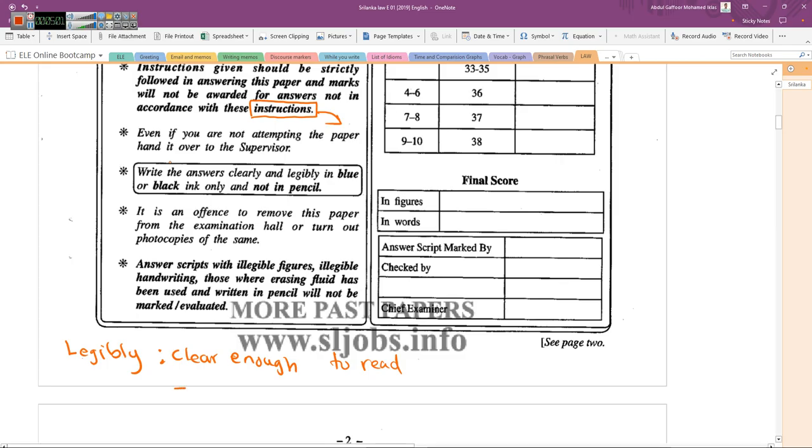Legible handwriting means nothing but clear handwriting, right? For example: the signature was still legible.